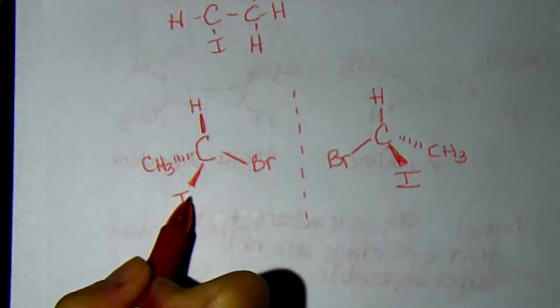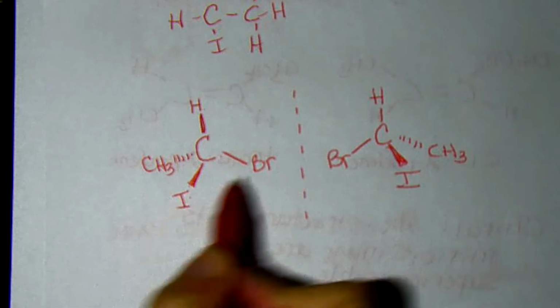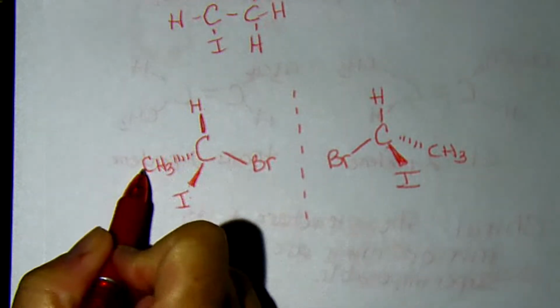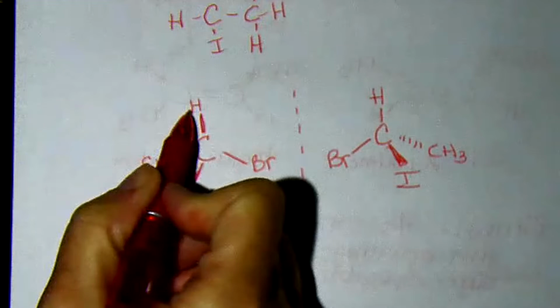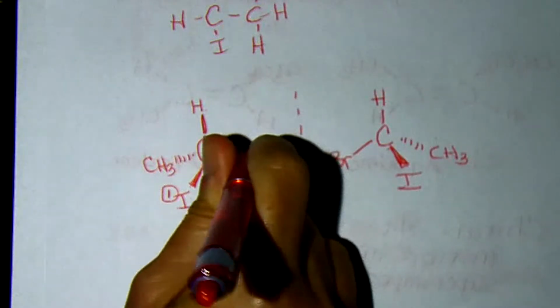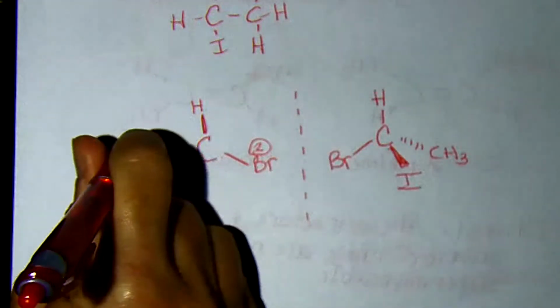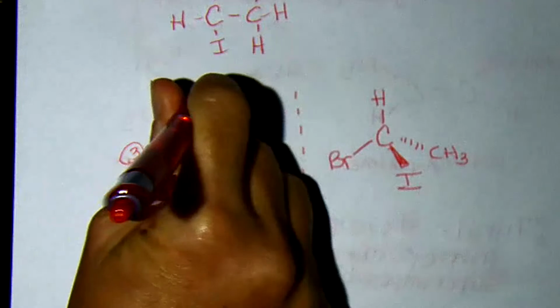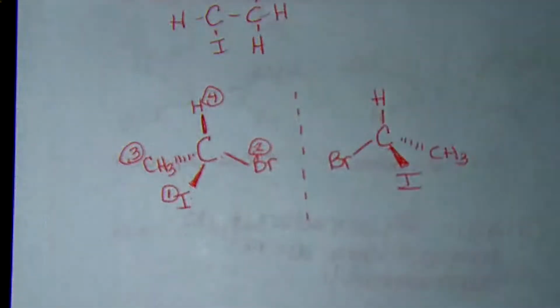So iodine, its atomic number is 53, bromine is 35, carbon is 6, and hydrogen is 1. So iodine would be the first priority. This bromine would be second. The carbon is third, and hydrogen is fourth.